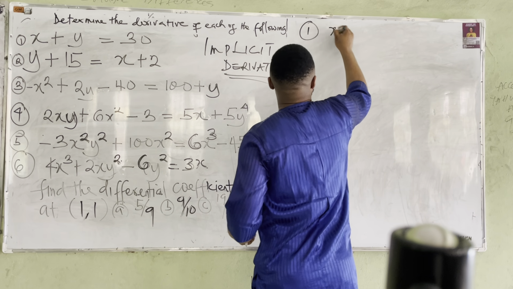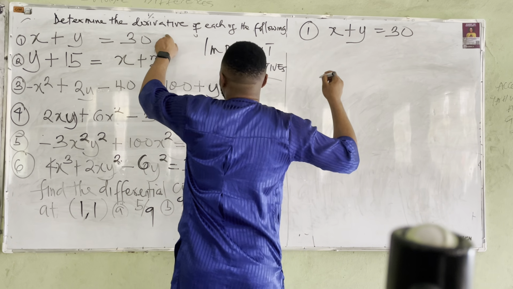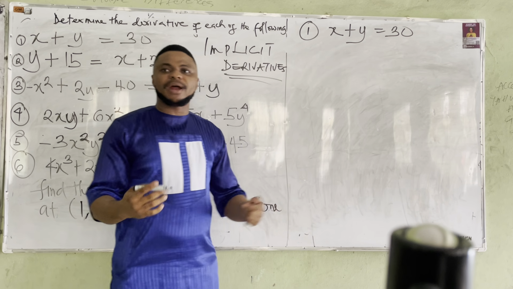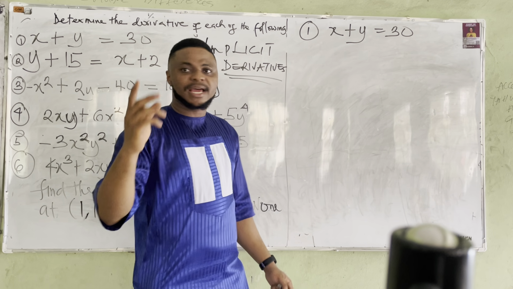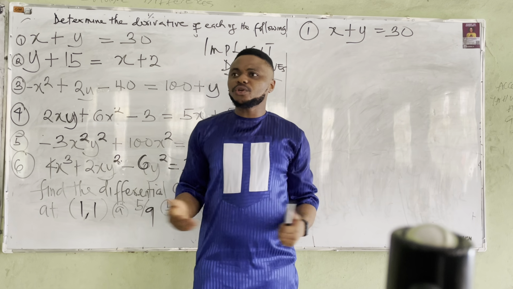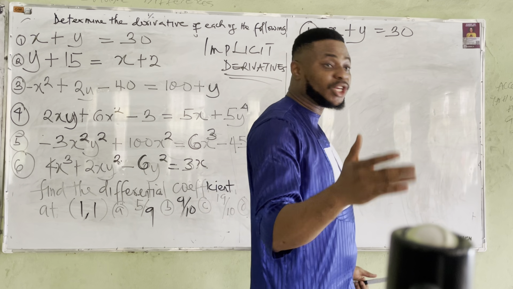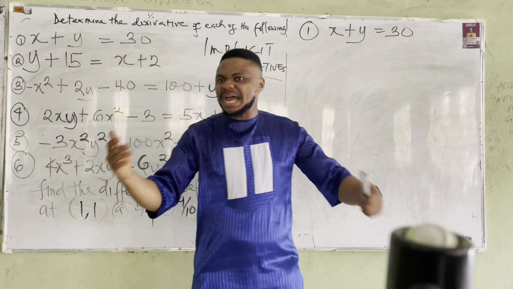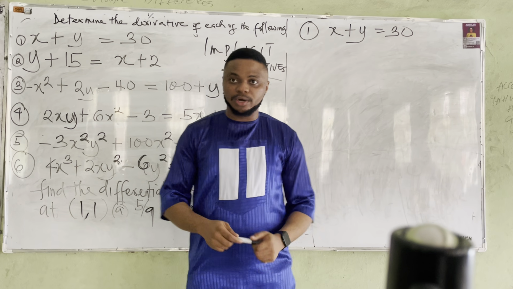Number one is x plus y equals 30. We are told to determine the derivative. Whenever you're told to determine the derivative, what you're being told is to look for dy over dx. Whenever we are differentiating x, we use what we call the power rule, the basic rule of differentiation: the derivative of ax^n is n times ax raised to the power n minus 1.